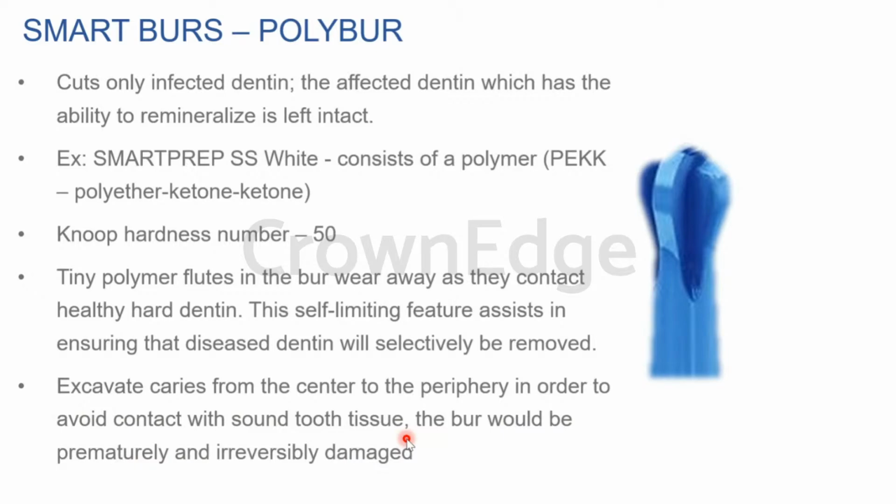Demineralized dentine has a KHN of something below 50. Obviously, because polymer is 50, so the demineralized dentine has to be softer than polymer. Any of your healthy hard tissue is above 50. So affected dentine, for example, is somewhere in the range above 50.